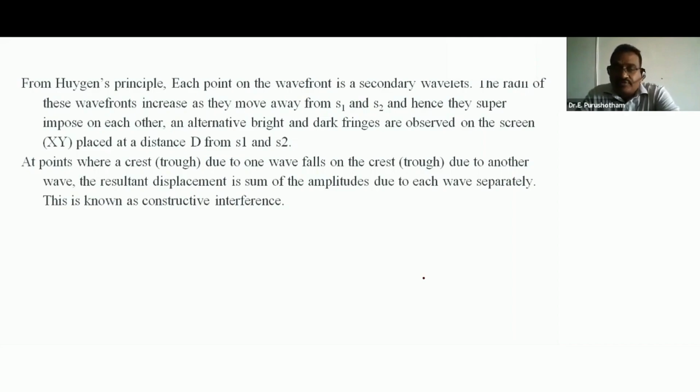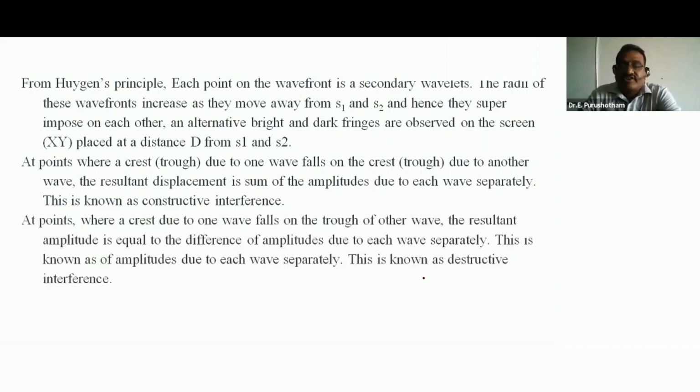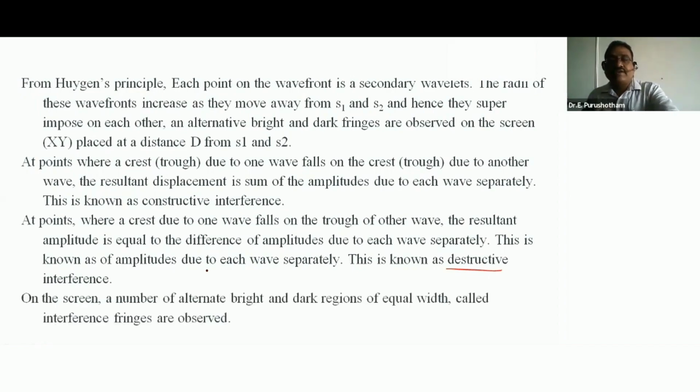This is known as constructive interference. Destructive interference occurs at points where a crest due to one wave falls on the trough of another wave. The resultant amplitude is equal to the difference of the amplitudes due to each wave separately. On the screen, a number of alternate bright and dark regions of equal width, called interference fringes, are observed.